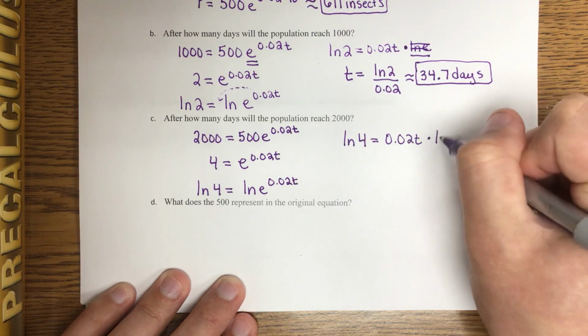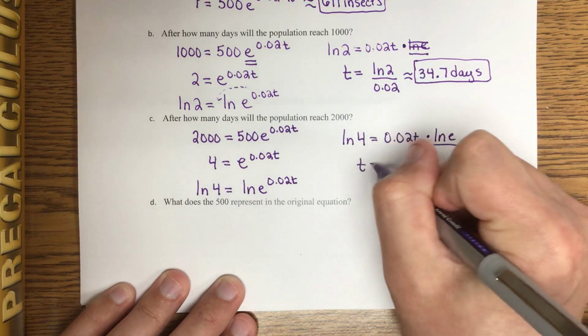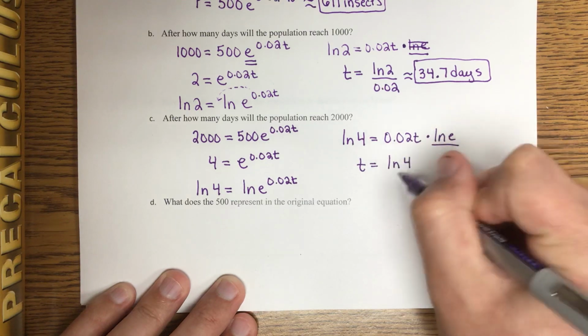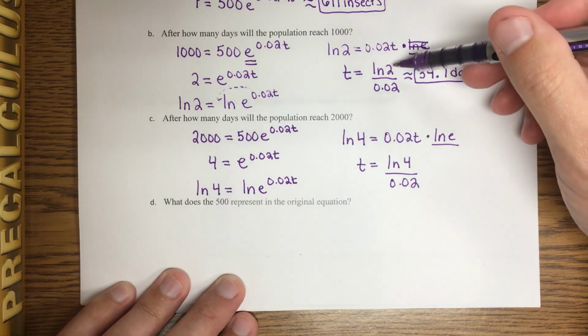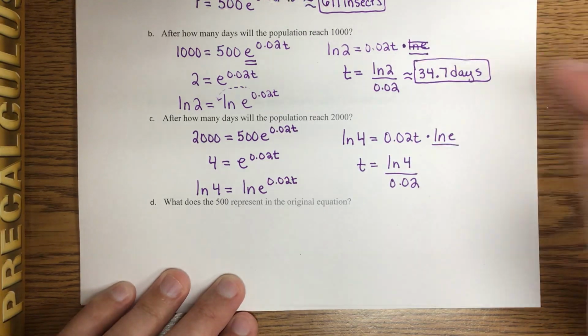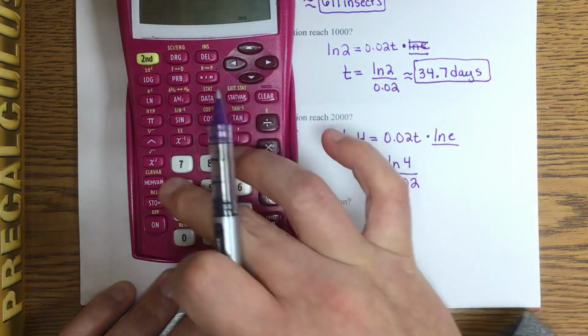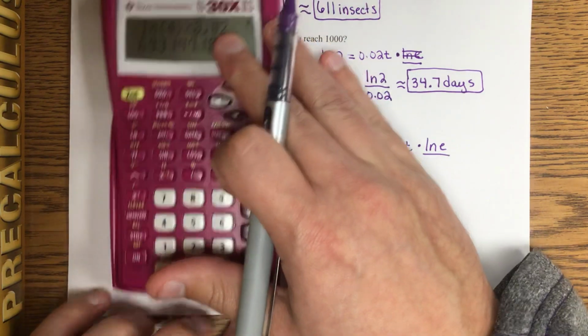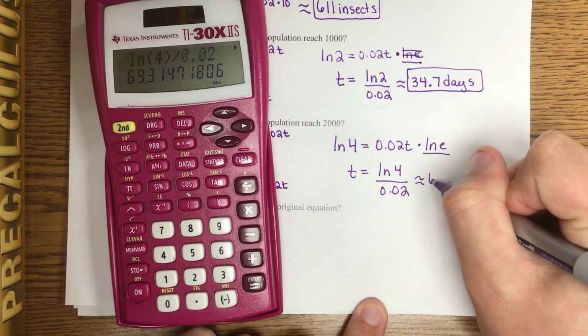And the really nice part is the natural log of e is just 1. So then I will just divide by the decimal. And you'll notice that my work was the exact same. The only thing that changed, it was a 2 up here, but now it's a 4. So then I'm going to just change that in my calculator to a 4. And that answer is 69.3 days.